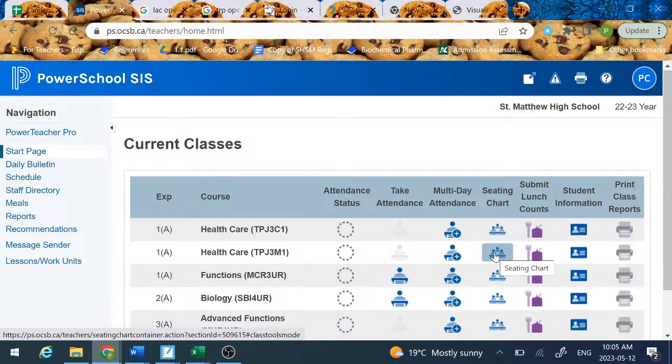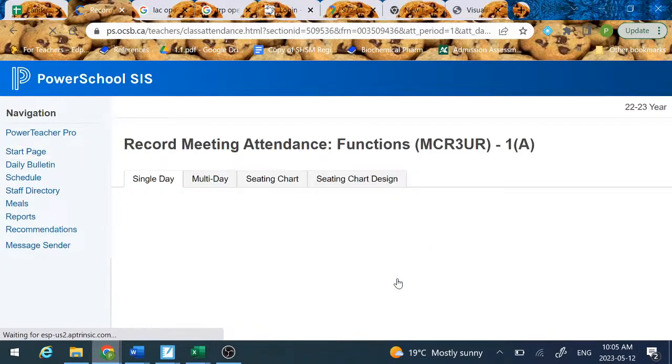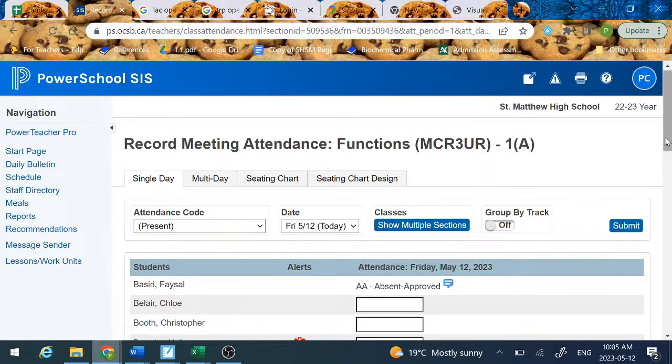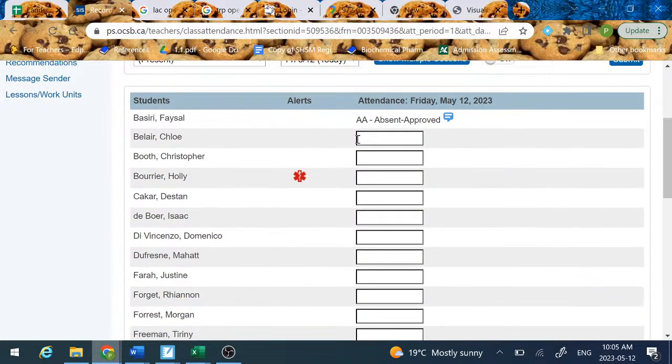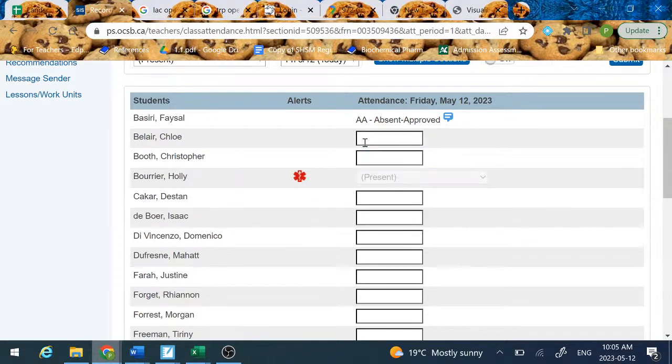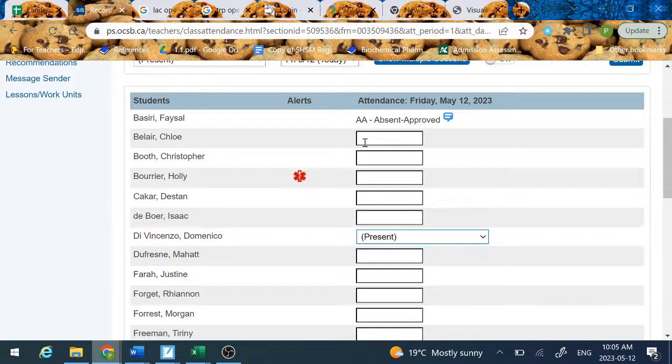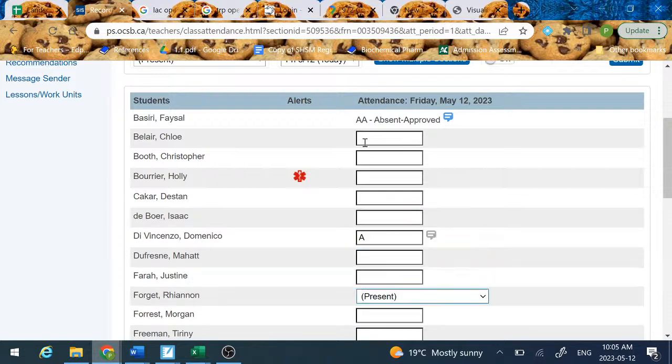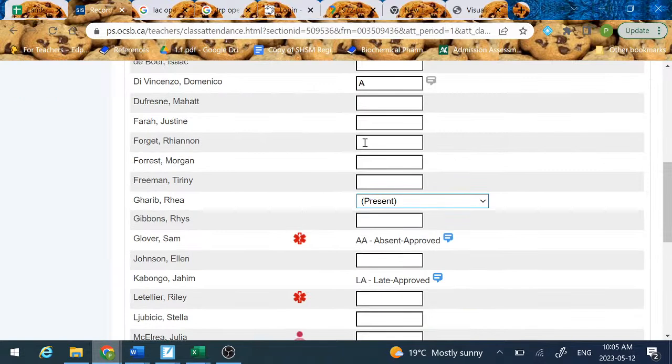Where is everybody? Don't matter, sir. Yep, the All Stars are here. That's all that matters. Okay, Chloe, Chris, Holly, and then somebody else, the same thing.